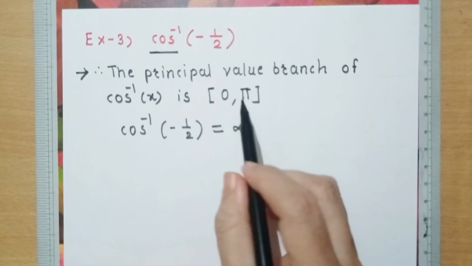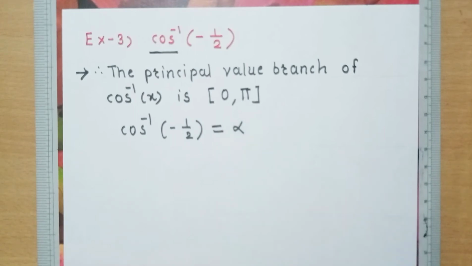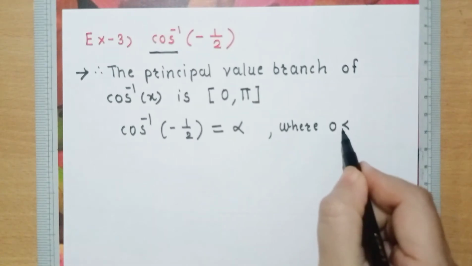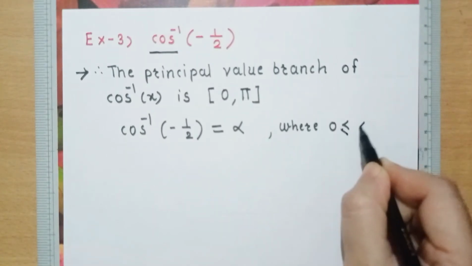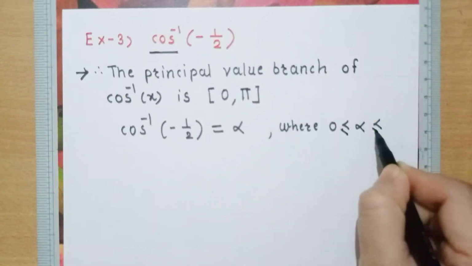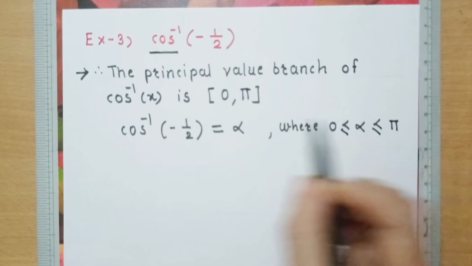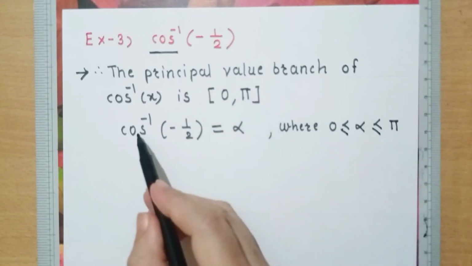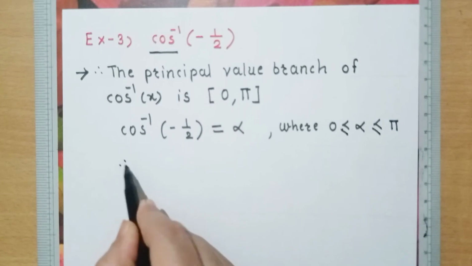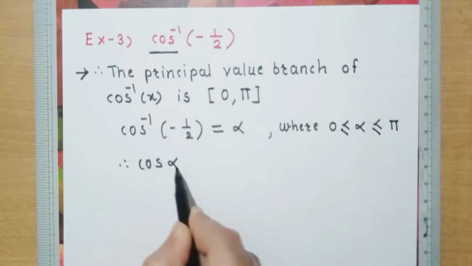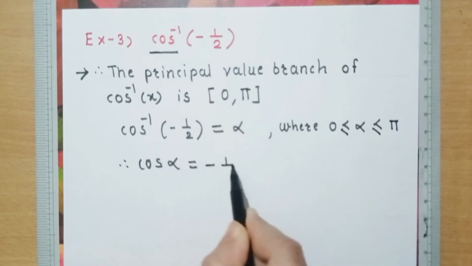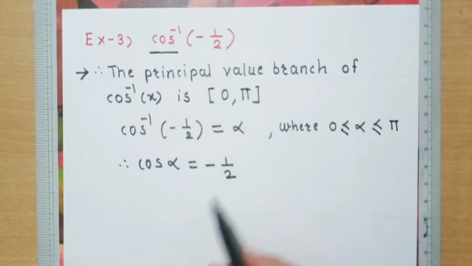We know that this alpha must lie between this: less than or equal to alpha, less than or equal to pi, since this is a closed interval. Now if we move cos inverse there, we have cos of alpha is equal to -1/2.